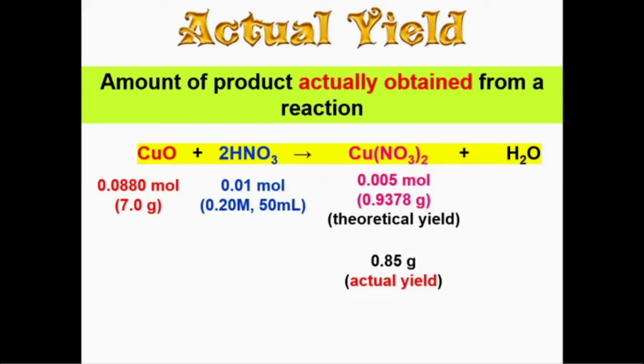So we have 0.088 moles of copper 2 oxide and 0.01 mole of nitric acid, and we should get 0.9378 grams of copper 2 nitrate. However, in the actual reaction, let's say we only managed to get 0.85 grams. And this yield here is what we call the actual yield.